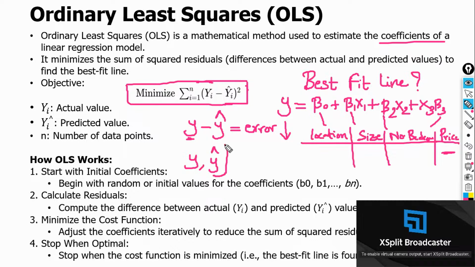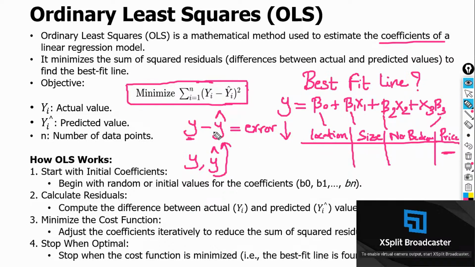You also have the prediction. When you substitute both, you'll get error. So what does this error represent? How far is the predicted value from your actual value? If error is more, that means our prediction is worse. Whatever our model predicted is the worst one.